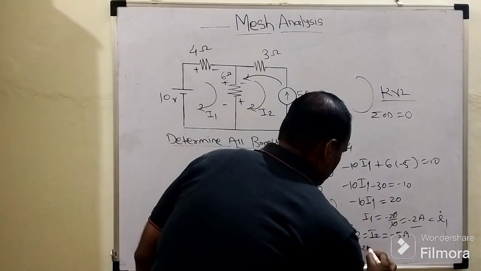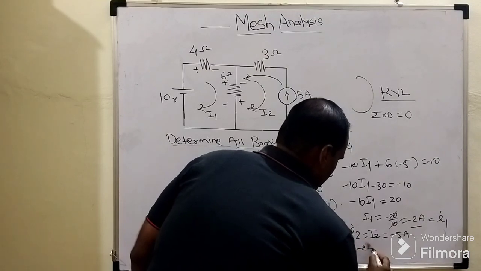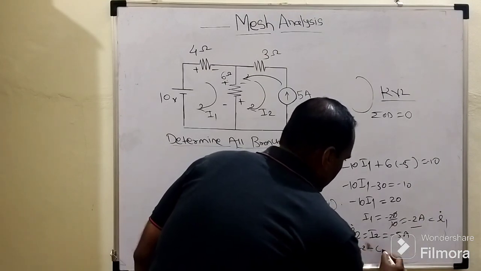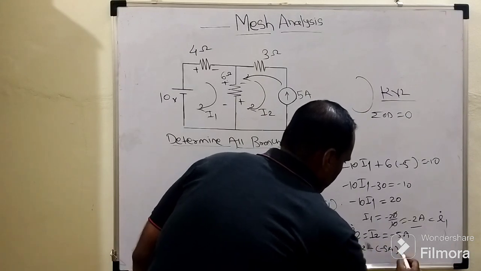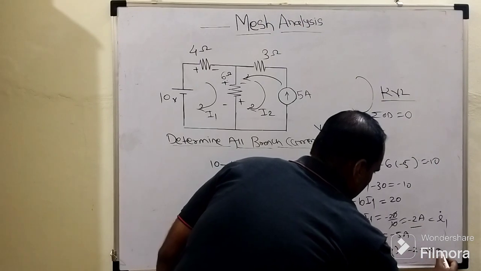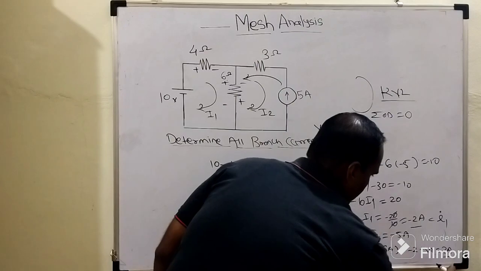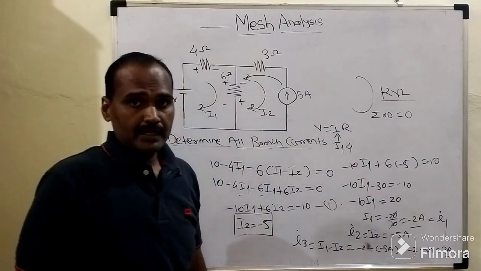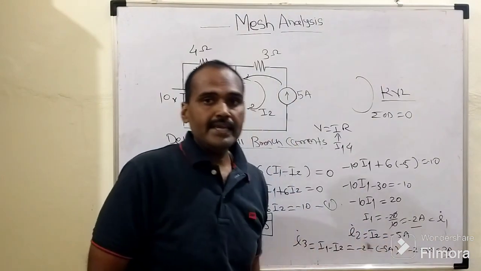I1 equals to minus 2 ampere. This minus I2 equals to minus 5 ampere. So obviously this minus minus will become plus. So it will become minus 2 plus 5. So obviously the I3 current flowing through this 6 ohm of resistor will become 3 ampere, right?